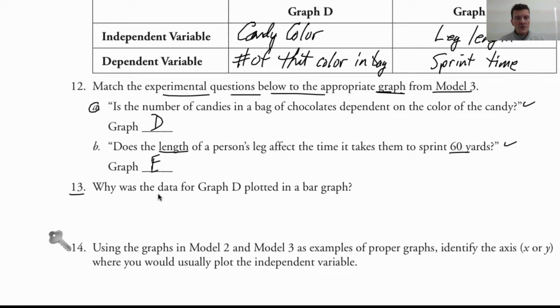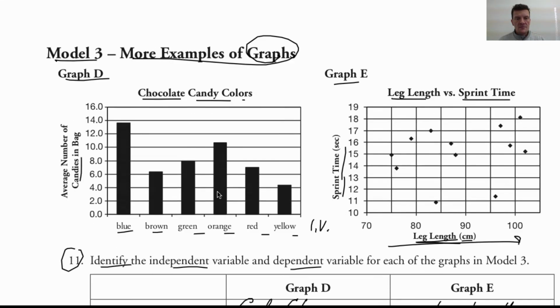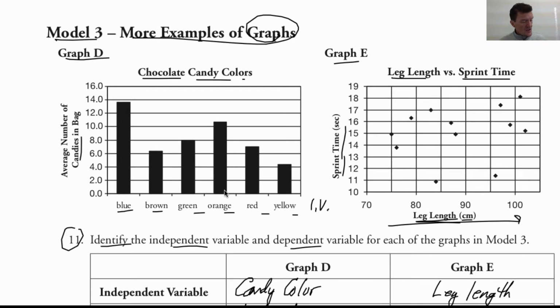Number 13, why was the data for graph D plotted in a bar graph? Well, in this case, the independent variable is not a numerical quantity. It's just colors. So there's no way to really organize the colors in an ascending or increasing or decreasing order. So you just list the colors in any order you want to.